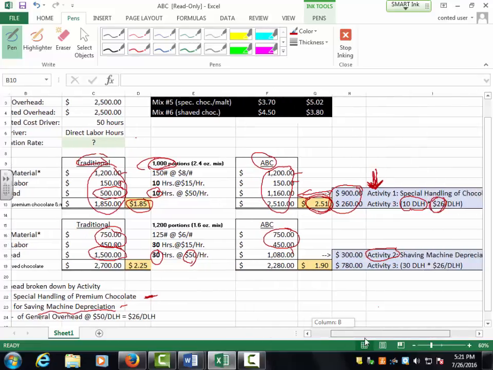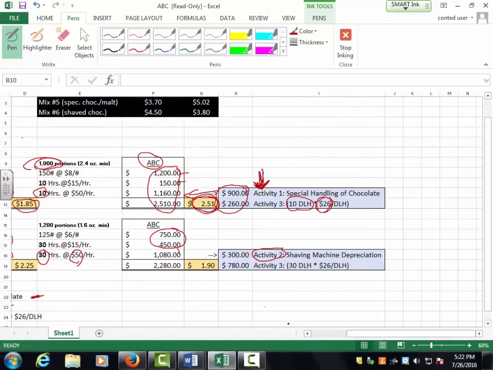So recipe 6, because it involves the shaving machine and we have depreciation, we have $300. Then what was left was 30 hours of direct labor, now at the new rate of 26, is 780. So combined, it's 1080.